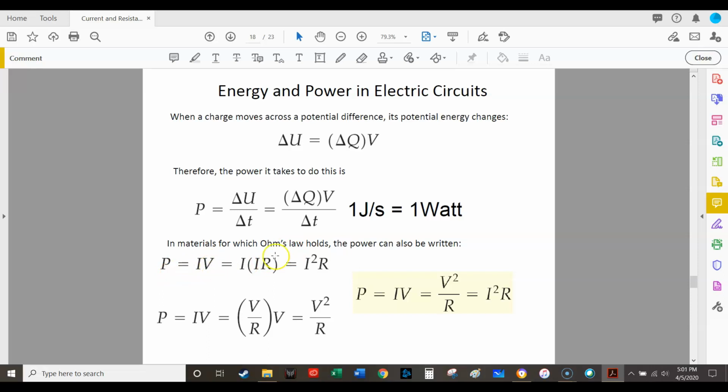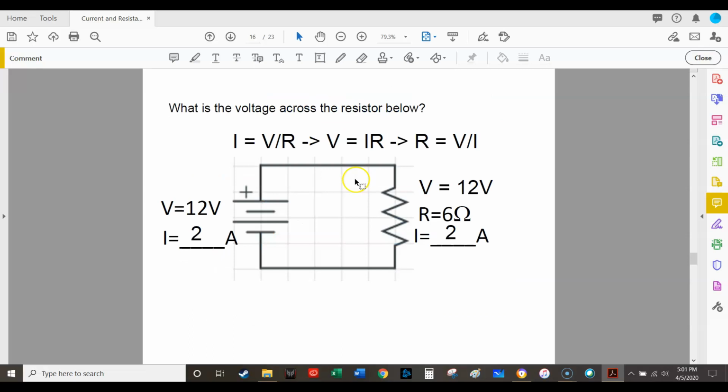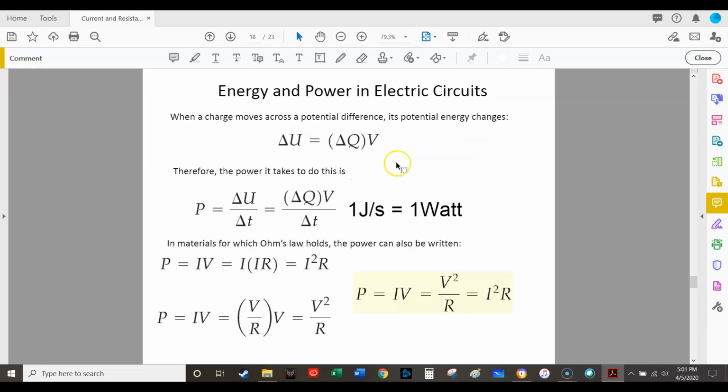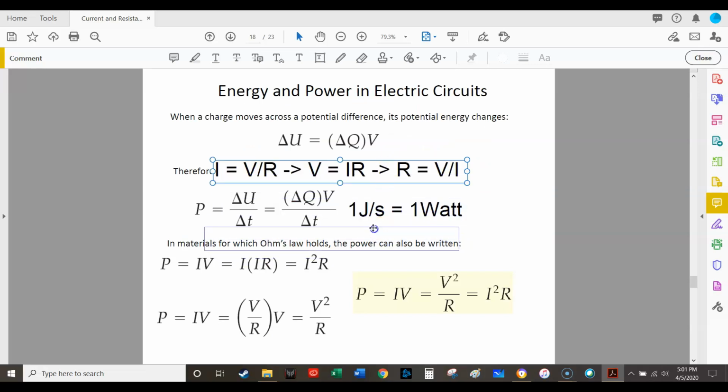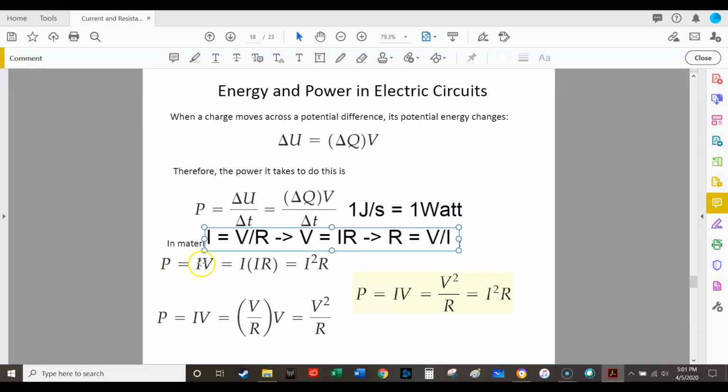Okay, and since you have Ohm's law here, which we could use right here, so I'm going to bring this right here. If power is equal to current times voltage, and voltage is current times resistance, then current squared times resistance is power.